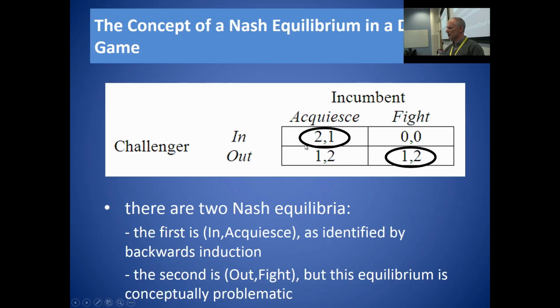That's the one identified by that process of backwards induction. Hopefully there should be no problems with it. But that second one, I want you to really reflect on what that Nash equilibrium means and what it suggests. Because that Nash equilibrium there is really problematic.